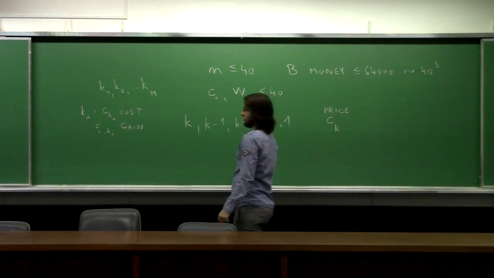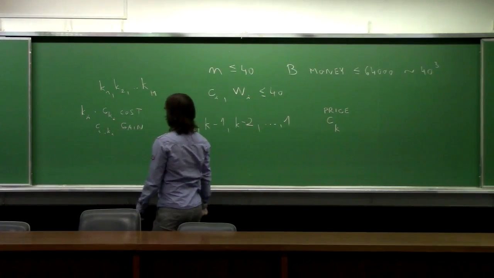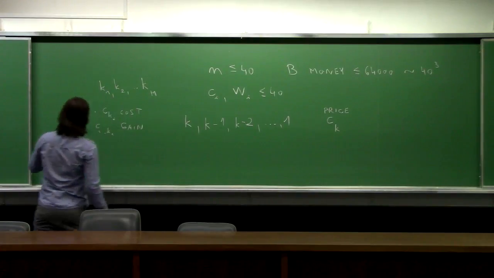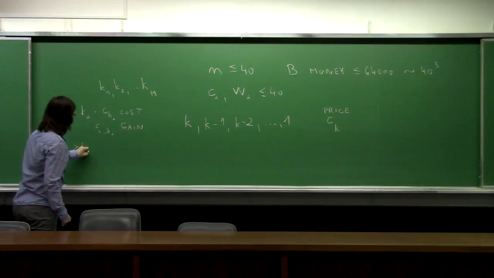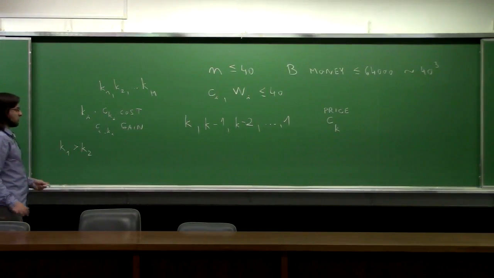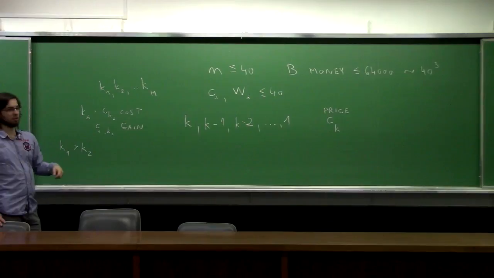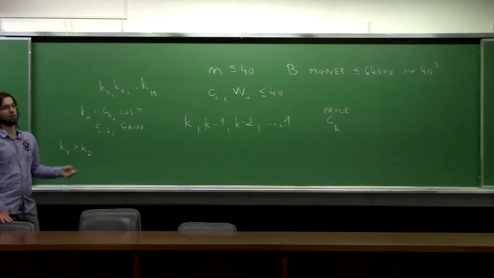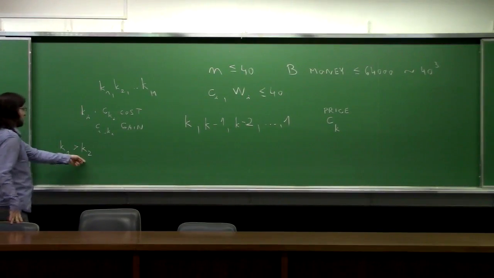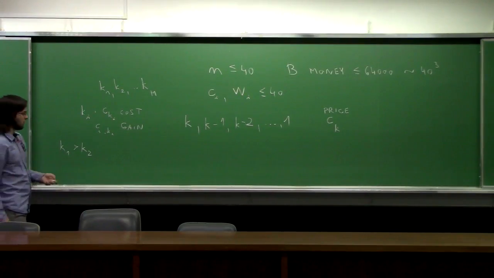And this gives us a small constraint on the order in which we buy. If, for example, we had K_1 greater than K_2, then it is possible that we would buy a sweet with type K_1, get K_1 minus 1 up to 1, but then there wouldn't be any sweets of type K_2 left, because it's possible that we just got the last sweet of type K_2 when we bought a sweet of type K_1.